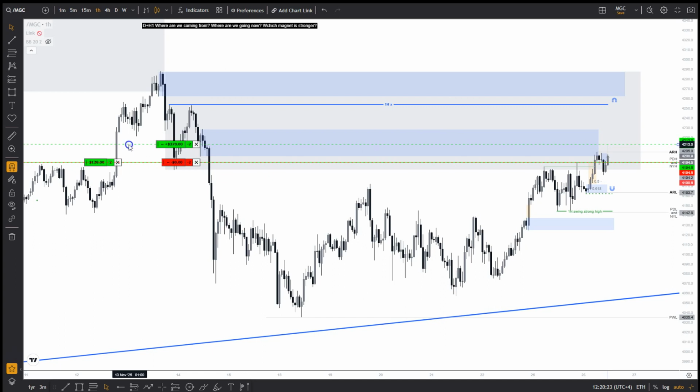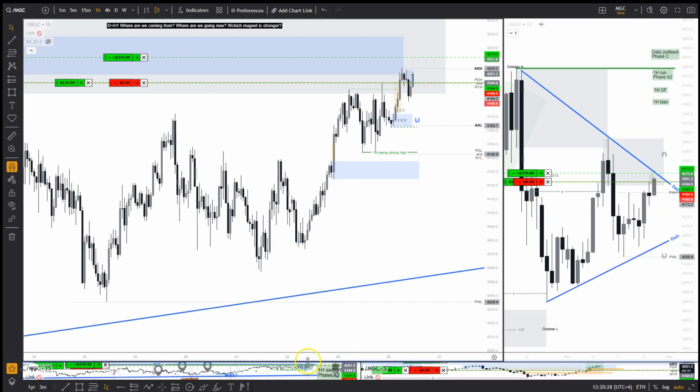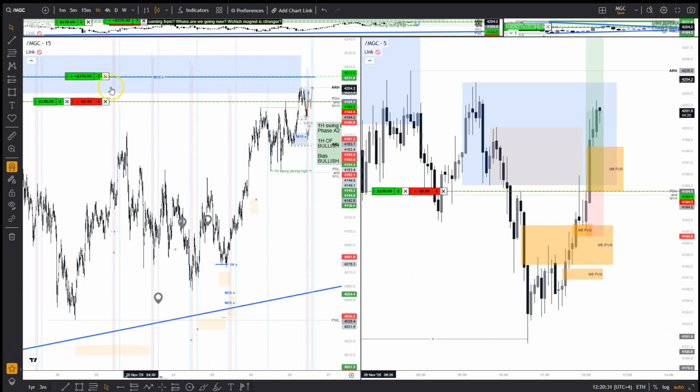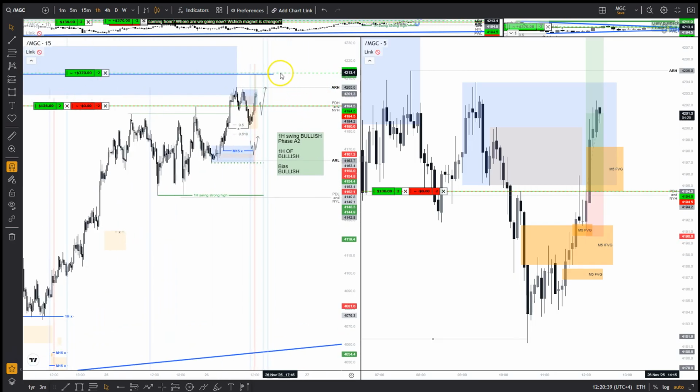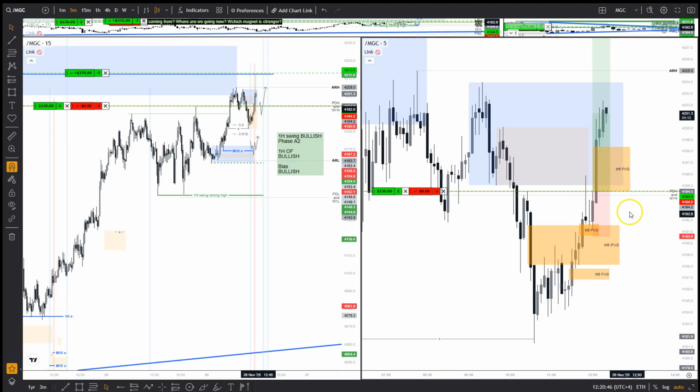This is the expiry date. Liquidity, buy side, sell side liquidity. That's always what we have, a pretty nice signal here, and this is also an order block.